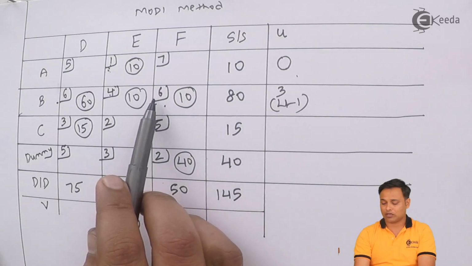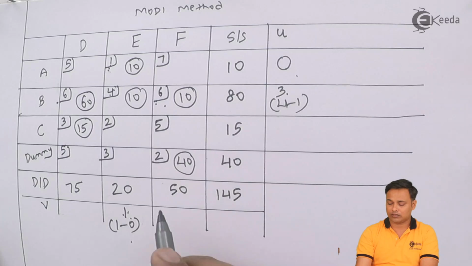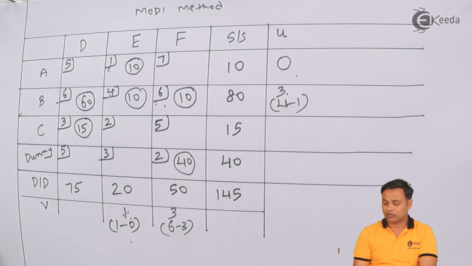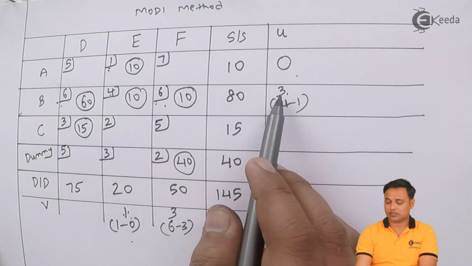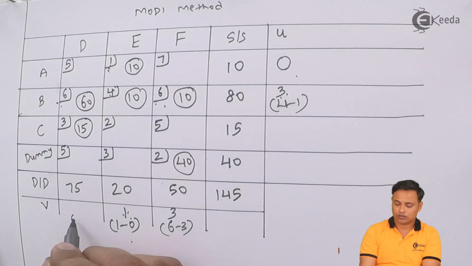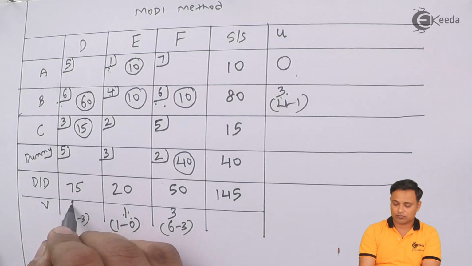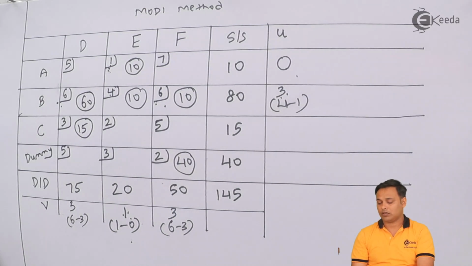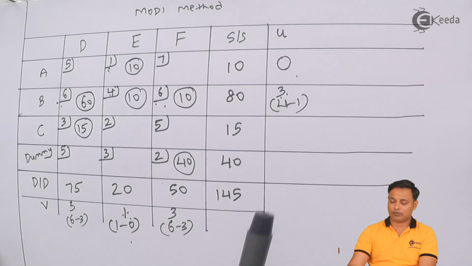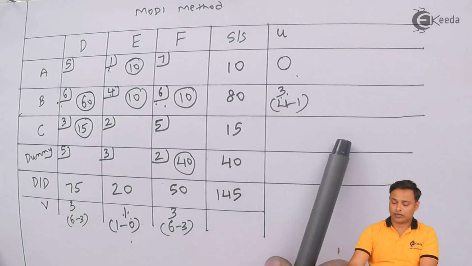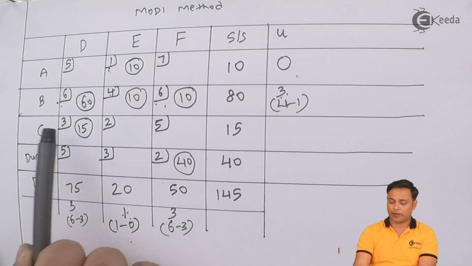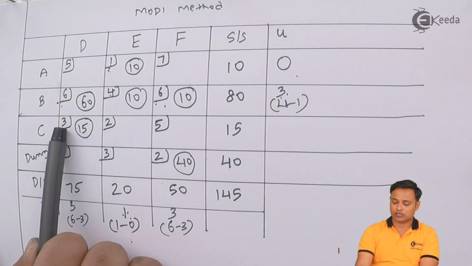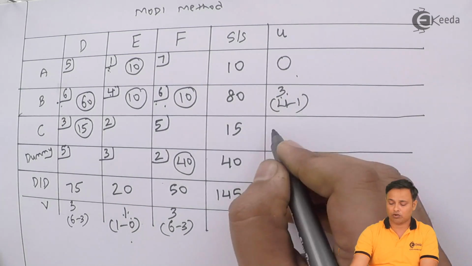At this cell my cost is 6 minus 3, which comes to 3, and 6 minus 3, which comes to 3. Let's check whether we have obtained all the U and V values. There is still one more value left. At this particular row we have an occupied cell here. So my cost is 3. 3 minus 3 will be 0.